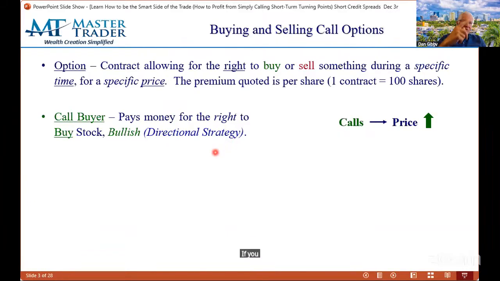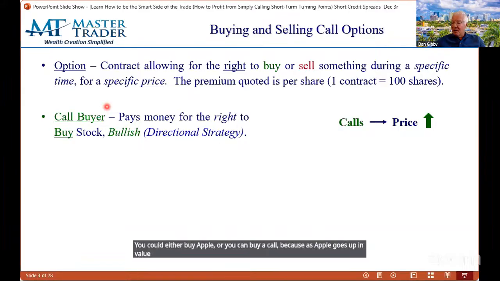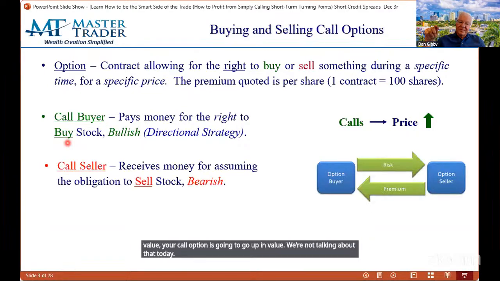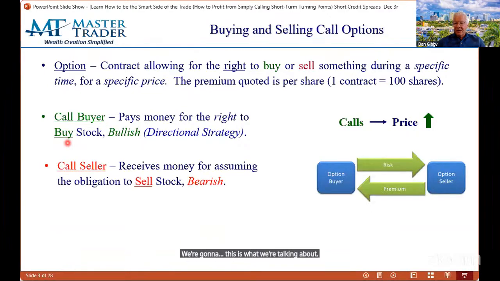If you think Apple, broke out the other day, which it did, you could either buy Apple or you can buy a call, because as Apple goes up in value, your call option is going to go up in value. We're not talking about that today. This is what we're talking about. On bearish patterns, we want to be a call seller. So we're taking the other side of the bet of the option buyer who thinks something's going up, and we say, well, that's not going up, I'll take your money.